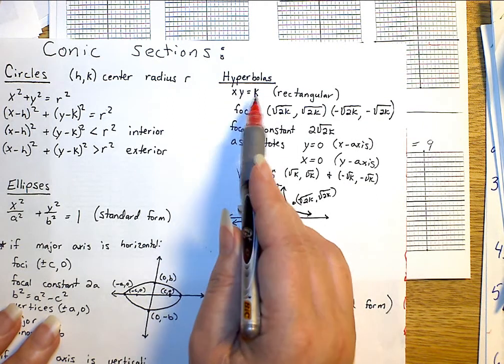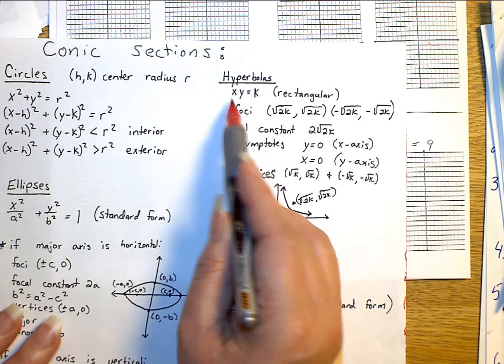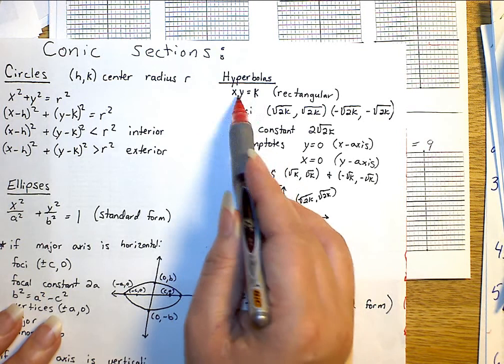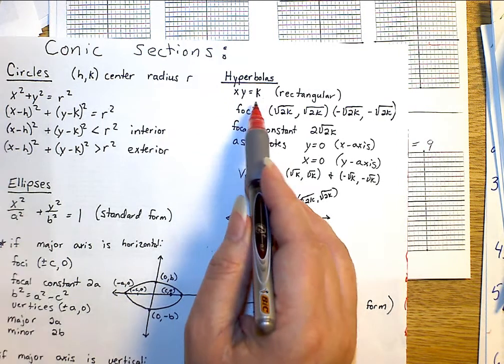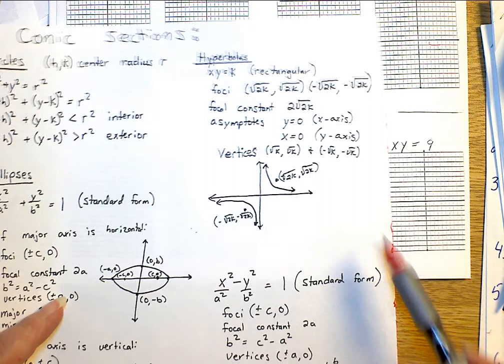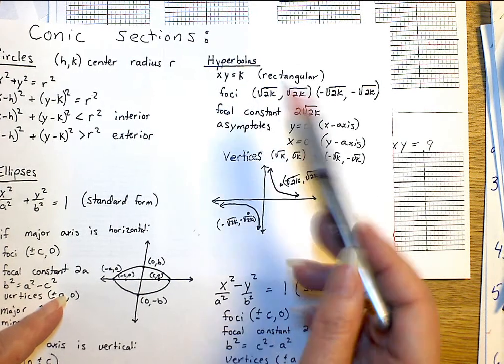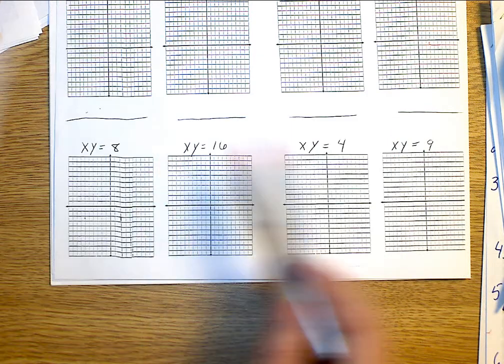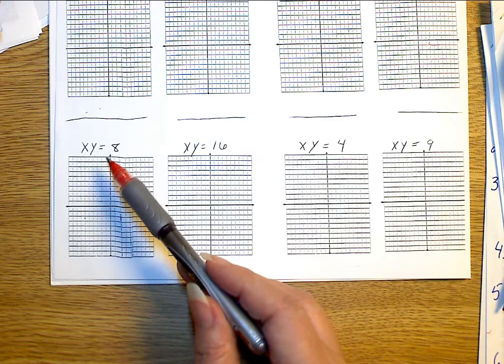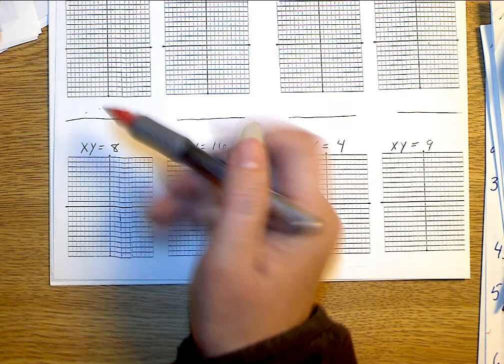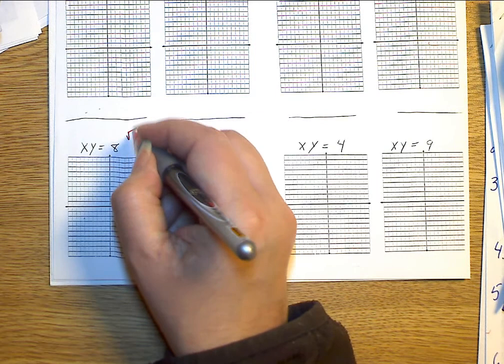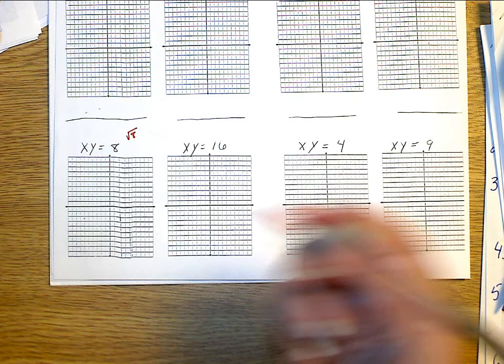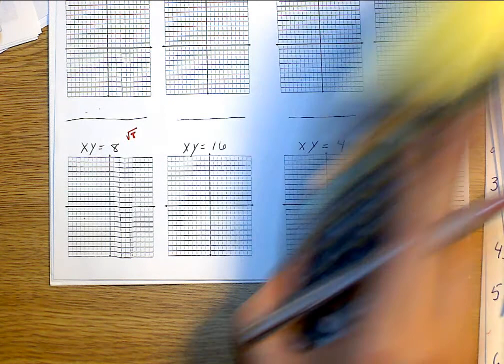That's exactly the same formula, because if you divide by x, you get y is equal to k over x. The only thing you have to do is remember how to draw it: you want to find the vertices. So the vertex of this would be the square root of 8, because the square root of 8 times the square root of 8 is 8.